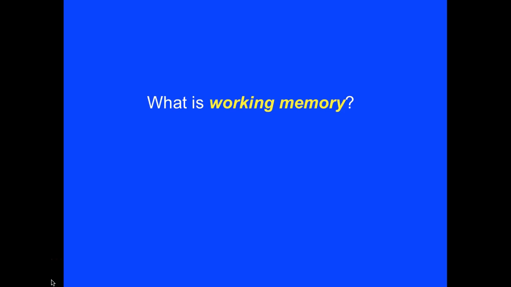The construct, either short-term memory or working memory, refers to the information you are holding online in your head. So if you're listening to my words, you are holding some information online to understand me, that's working memory. If I read you a list of numbers like 5, 3, 7, 9, 2, and then I said, please repeat them back to me, and you said 5, 3, 7, 9, 2, you're able to repeat them back because you held them in working memory.